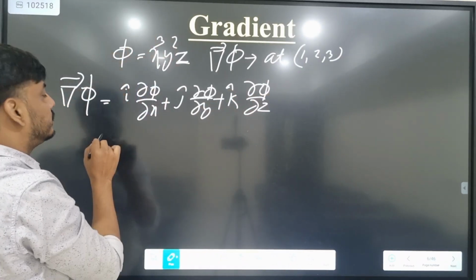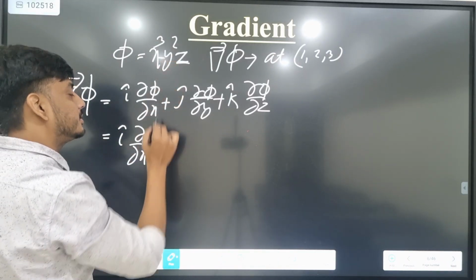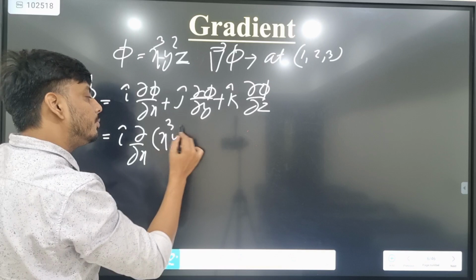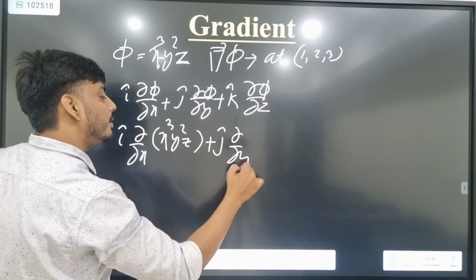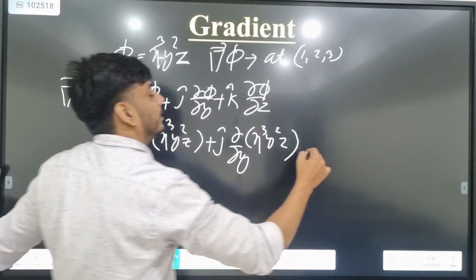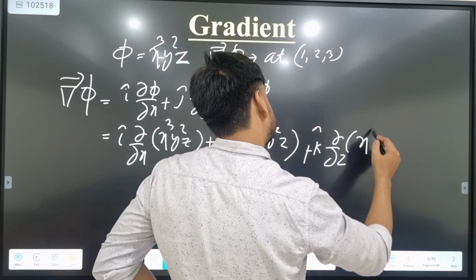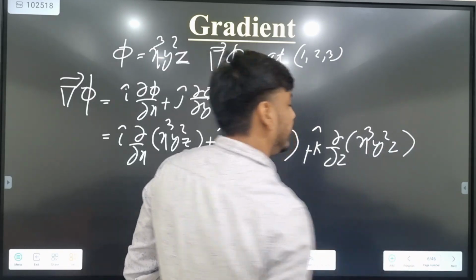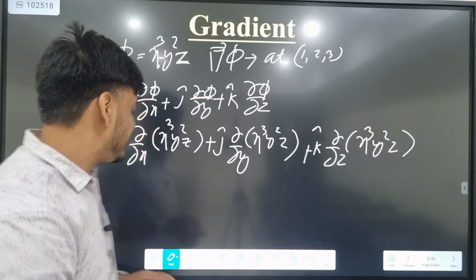And phi is here: i cap del by del x of x cube y square z, then j cap del by del y of x cube y square z, plus k cap del by del z of x cube y square z. Then you have to simply take the derivative, and it is a partial derivative.